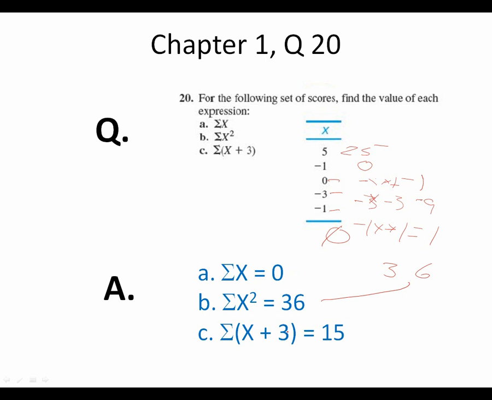And the next one simply tells me that I have to add 3 to each one before summing them. So if I go over here where I have a little room. 5 plus 3 equals 8. Minus 1 plus 3 equals 2. 0 plus 3 equals 3.